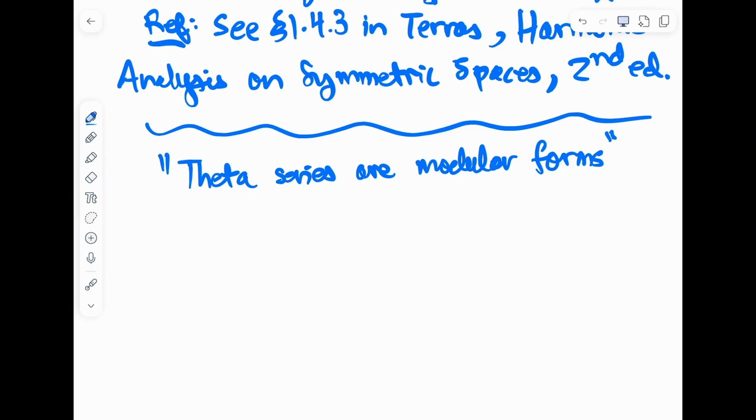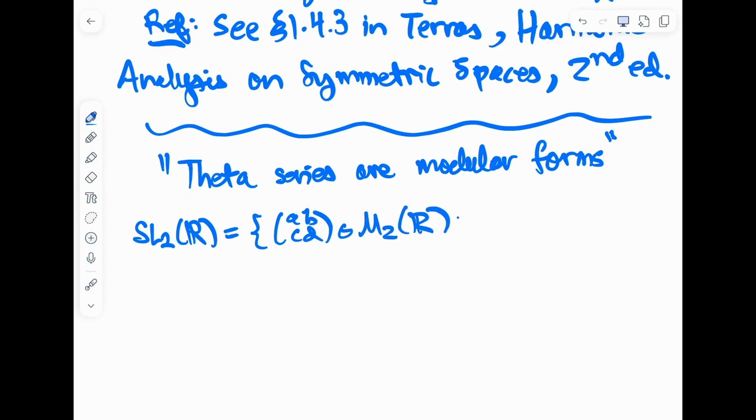Has this been presented in any of the lectures yet? Right. So I'll first just set some notation. We have the group SL2R. These are the matrices with real entries and determinant 1.